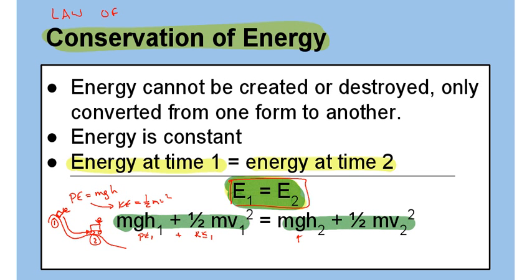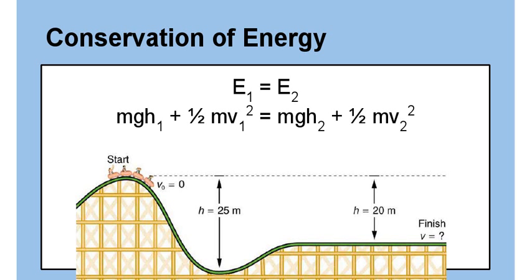So this would be the potential energy at point 2, and this would be the kinetic energy at point 2. And I can just set those equal to each other. That's the same number. So that's a good starting place. Here's a better picture than my little doodle, like you can see. But this actually has some numbers in it as well.